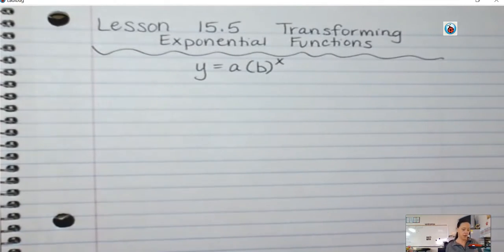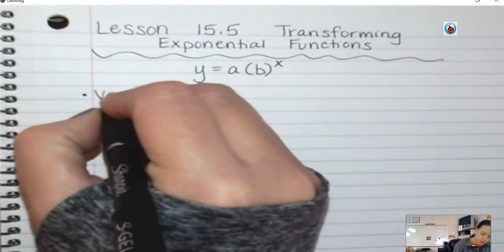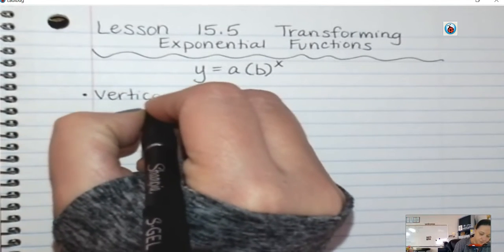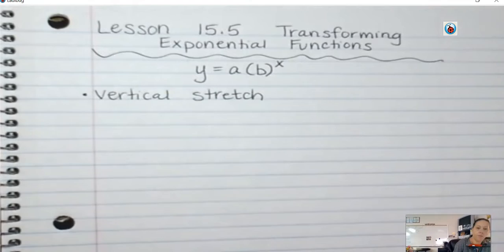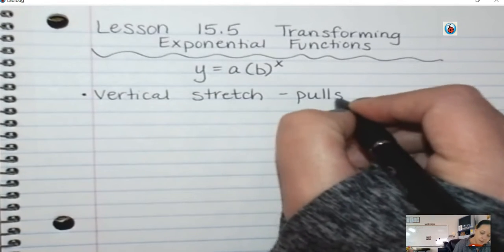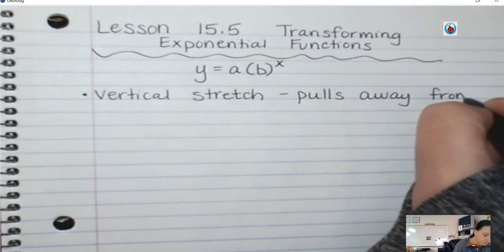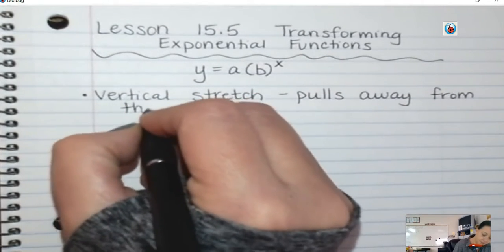Okay, so some vocabulary we're going to be talking about. First, a vertical stretch. This is when the graph pulls away from the x-axis.